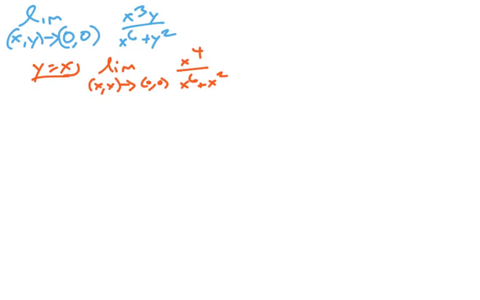Then I can factor an x squared out, and I would end up with x squared over x to the 4th plus 1, right? Now if I do direct substitution, I would get basically 0 over 1, and so that's going to be 0.